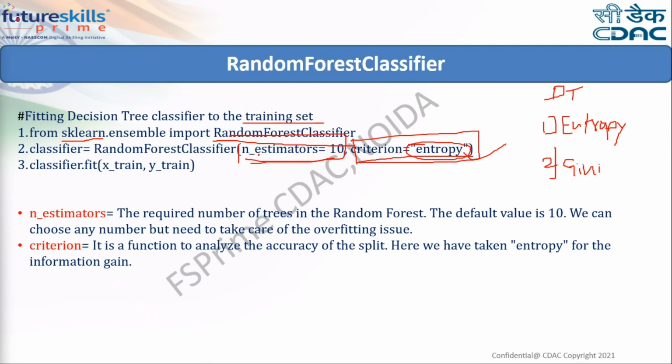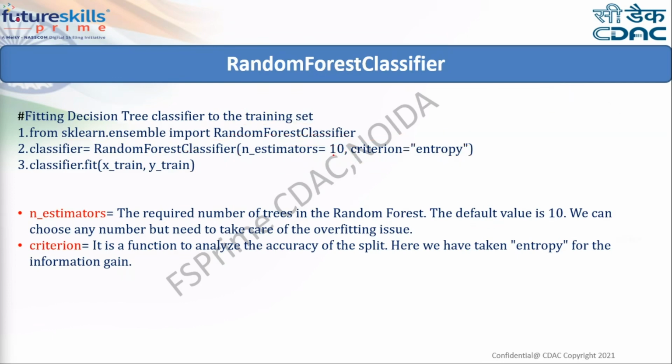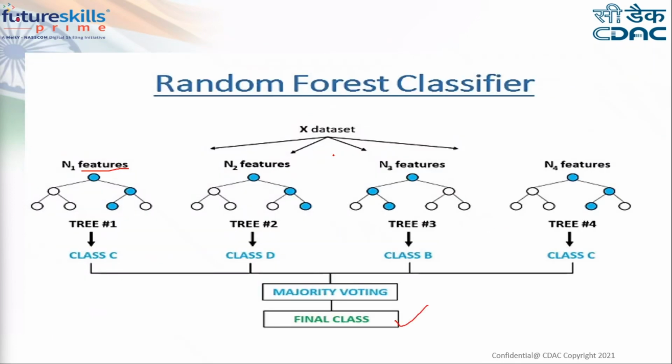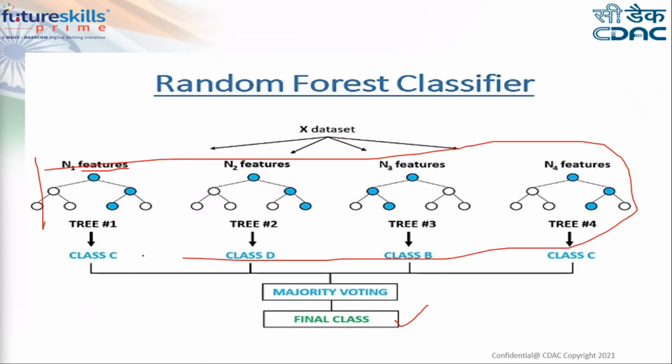Otherwise, you can mention that you require more than 10 or less than 10 decision trees. So n_estimators is basically the number of decision trees. Here, for example, there are 4 decision trees. You have to mention how many decision trees you want.